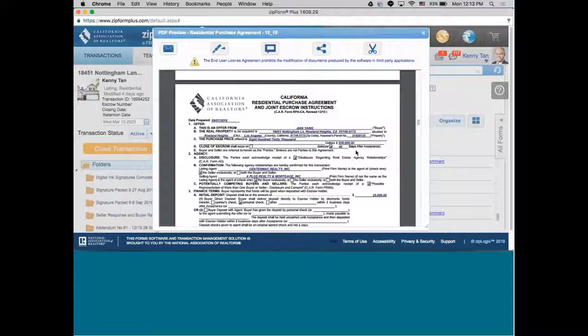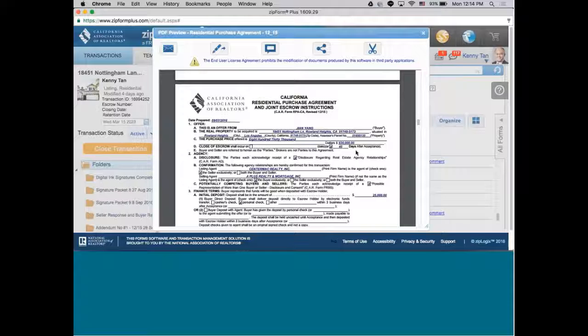Sometimes you get a pre-approval letter from a mortgage broker that tells you, okay, this person is pre-approved for so much for the purchase price, at what interest and what type of loan. Now, the type of loan actually is helpful. If it's conventional, you can actually close a conventional loan in 30 days.